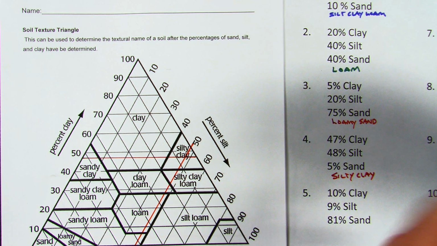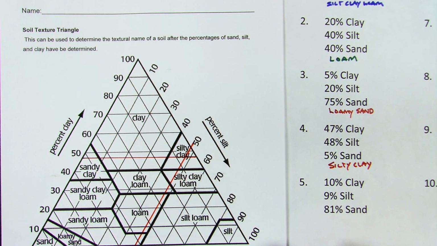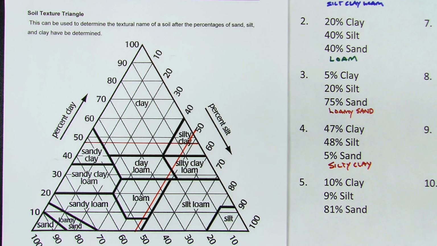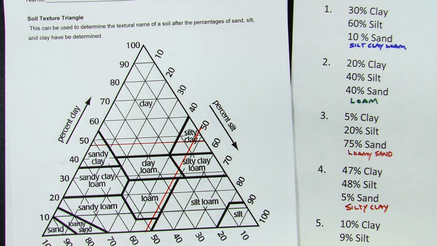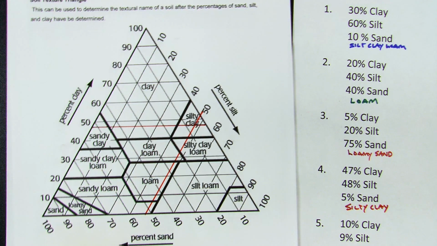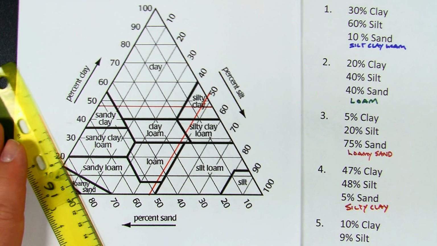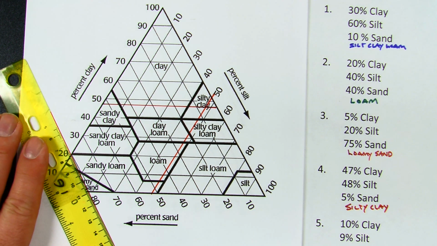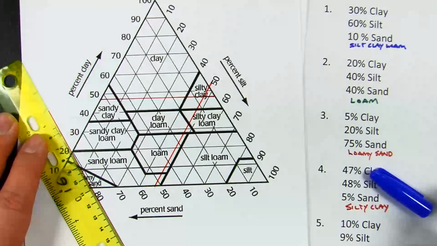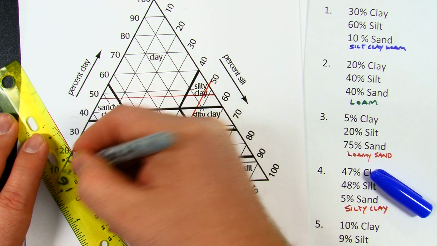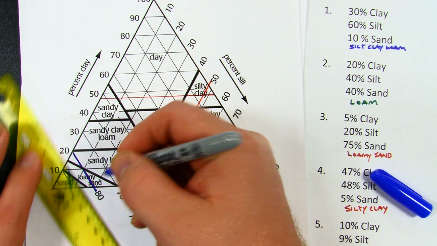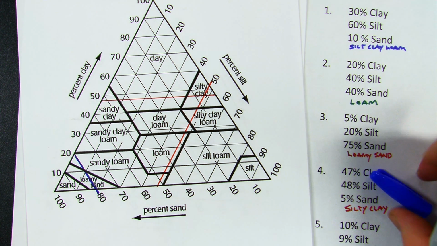All right, number 5, this will be the last one that I do with you. We're going to start with the sand, so let's do 81% sand. So here's our sand coming along this way. Put it right almost on there. It's just above. And then we're going to do 10% clay.